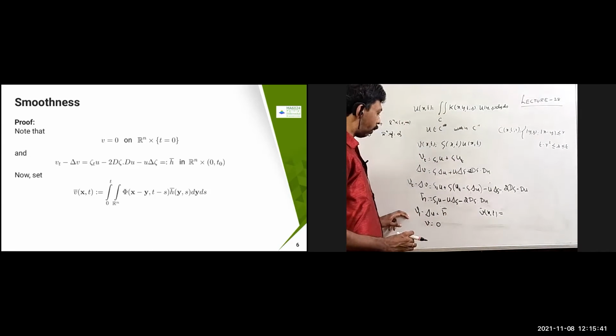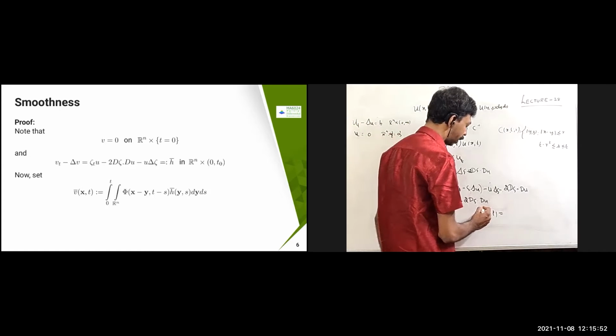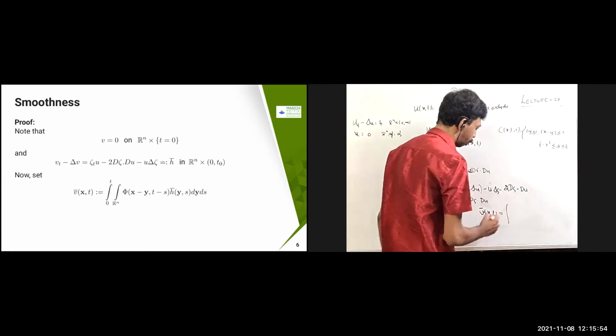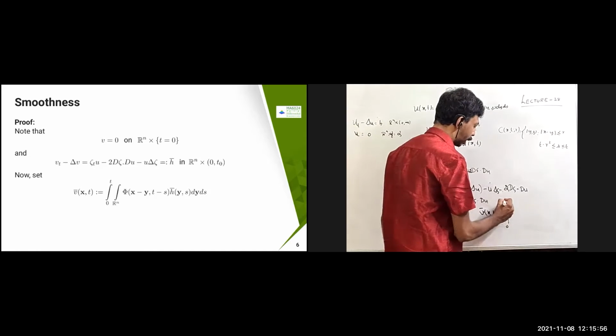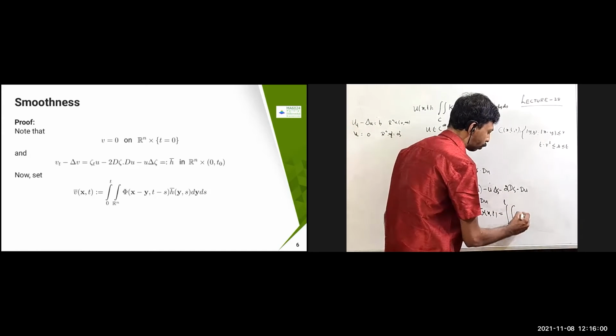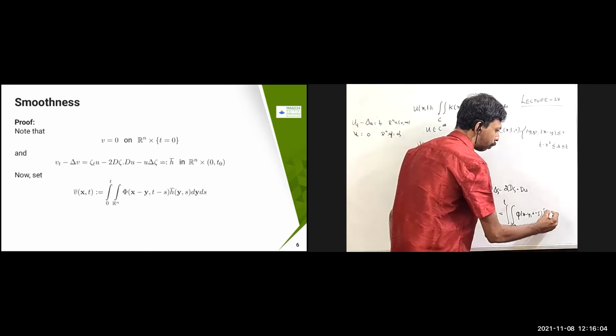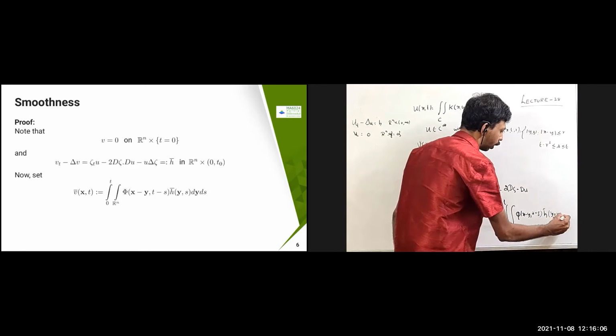So according to that, by the mean value properties, etc., you can write the solution. I'm going to write it as v bar because I'm using the mean value property. v bar of x comma t is going to become the integral from 0 to t over R^n of Φ(x minus y, t minus s) times h bar of y comma s dy ds.